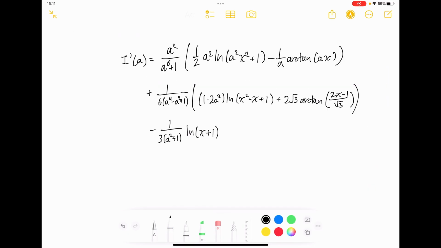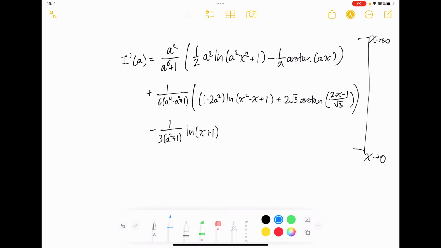Hello, so this is now 2 days later, and remember that we have to evaluate the bounds. This is from x goes to 0 to x goes to infinity. And this bit was our indefinite integral, and now it's to take bounds.